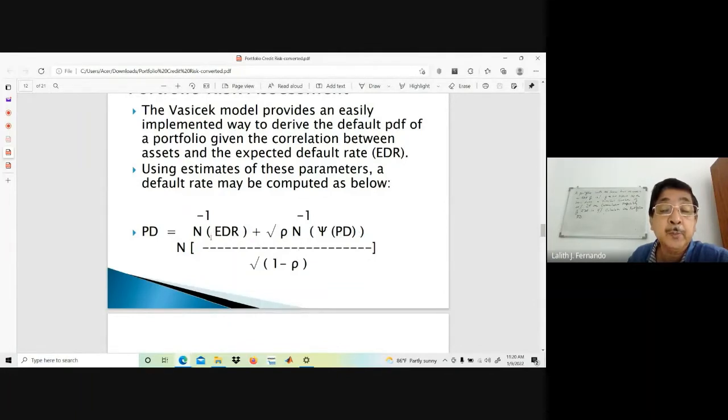Right, now you can place the things here. So then what should you write here? EDR. N to the power minus 1 within brackets. You have to say what is the figure you put here.